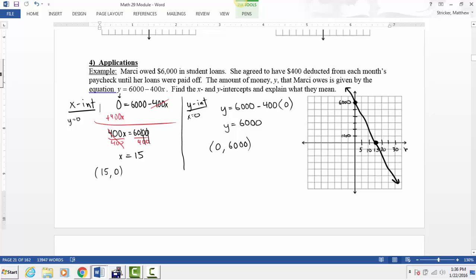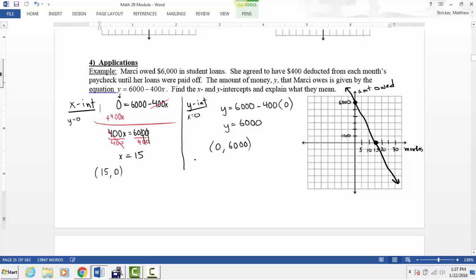So this x-axis is months. And then the y-axis, what is y? Y is the amount that Marcy owes. So this is the amount owed. So this means at 0 months, she still owes $6,000.